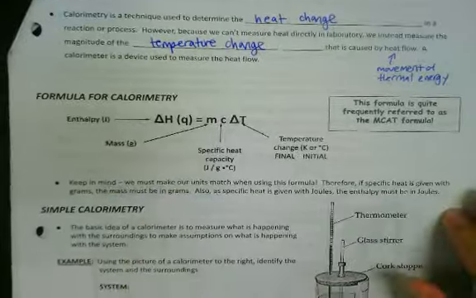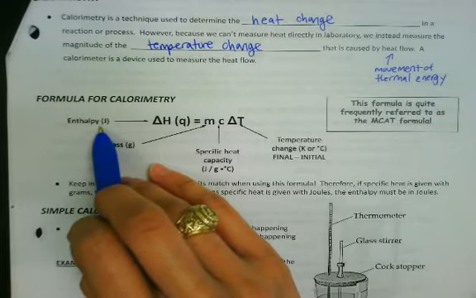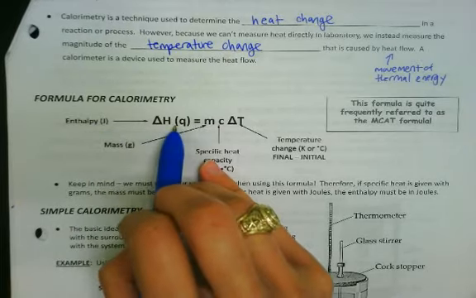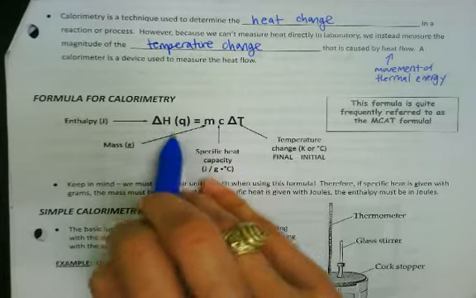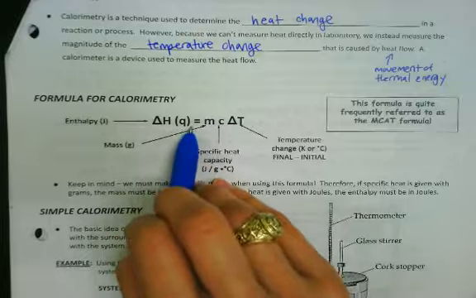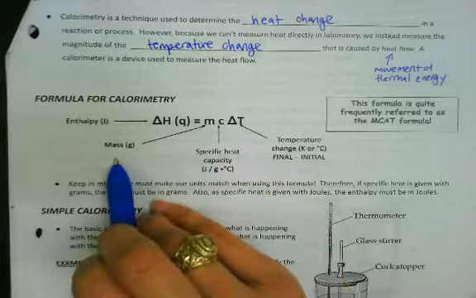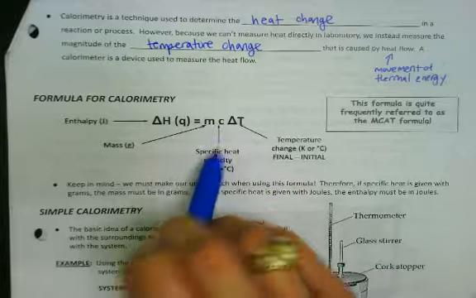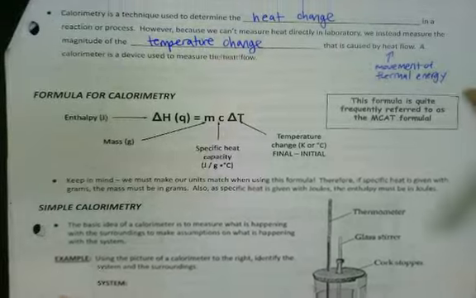This is a formula for the heat change or the enthalpy change here in joules, which is also sometimes Q. So delta H or Q can be used interchangeably. We say that delta H or Q is equal to MC delta T: M being mass, C being the specific heat, and delta T being the temperature change.